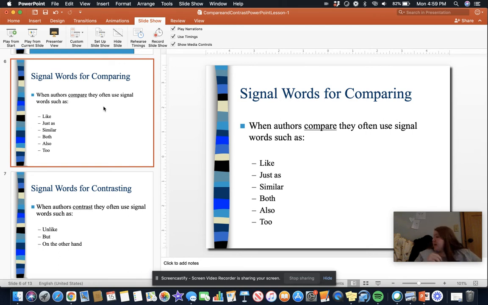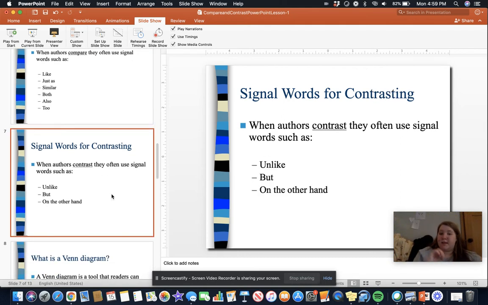So I can say that these two water bottles, if I want to compare them, I can say that this water bottle is the same size like this water bottle. I can say these two water bottles are both the same size. I can say this water bottle has a blue label. This water bottle also has a blue label. Those are some words that we can use when we're comparing objects.